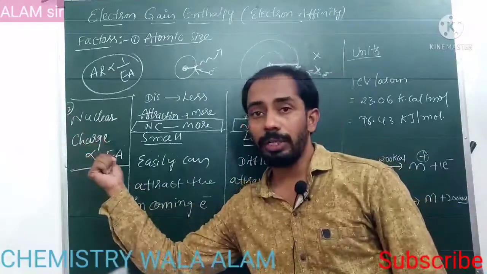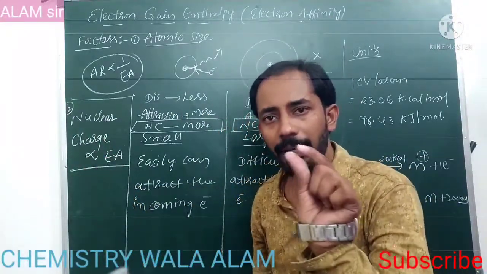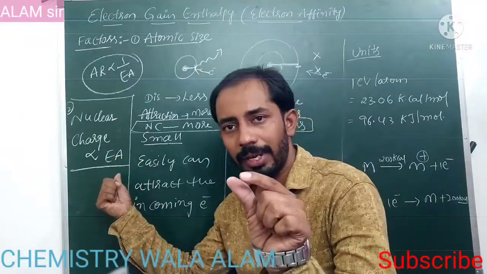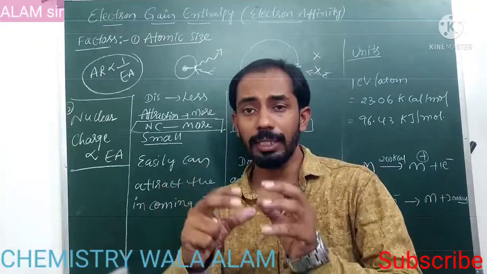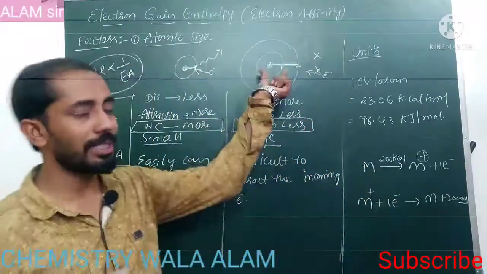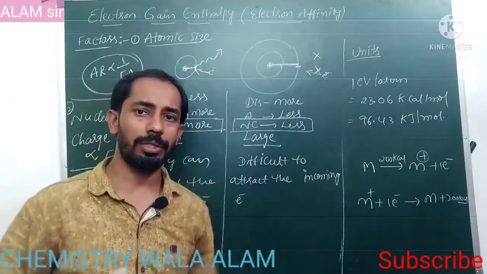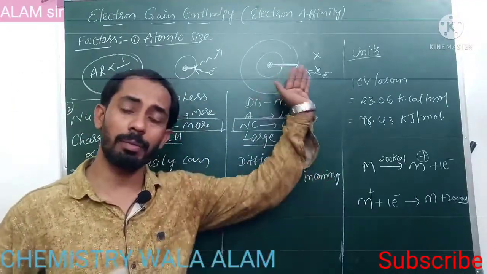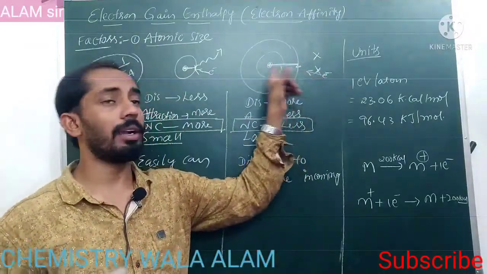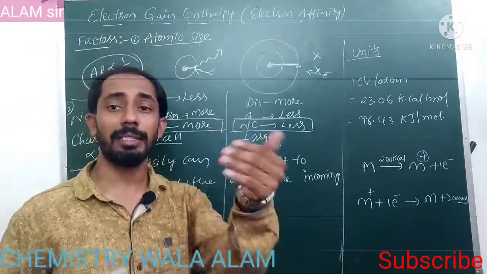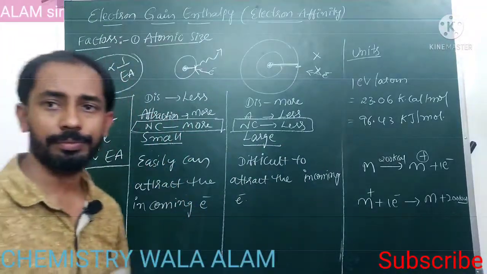A small atom can easily attract the electrons, and more energy is released. Nuclear charge is less means the atom is larger. When the atom is larger, distances are more, attractions are less, so the nucleus cannot attract the electron easily, and less energy is released. So this is the nuclear charge.